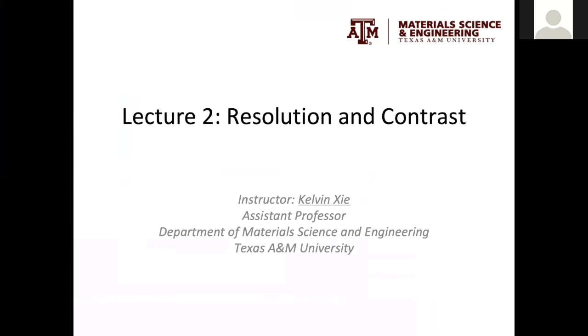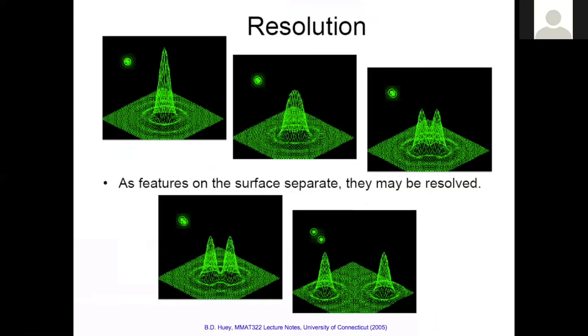Okay, so today is the second lecture where we talked about the resolution and the contrast. Let's look at the resolution. We talked about when we focus something to a very, very small probe, we don't get a point, because any particles behave like a wave. It has wavelengths.